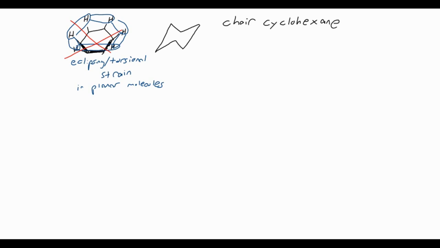First of all, if we draw in our hydrogens, and you'll get used to drawing these chair conformations as we practice more, we notice that they alternate, so that there are never 2 hydrogens on adjacent carbon atoms that are eclipsing.